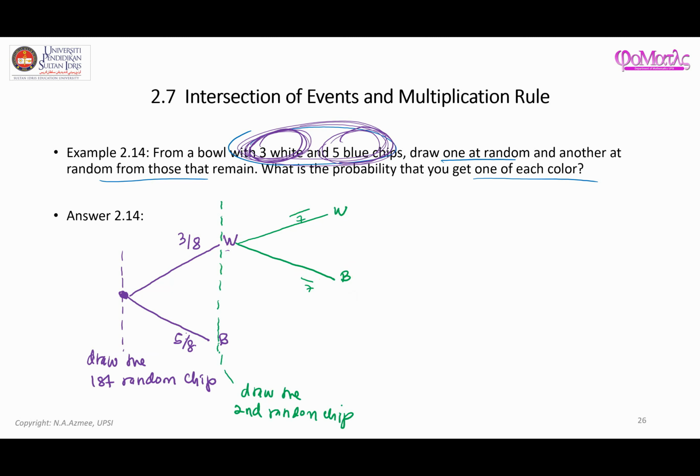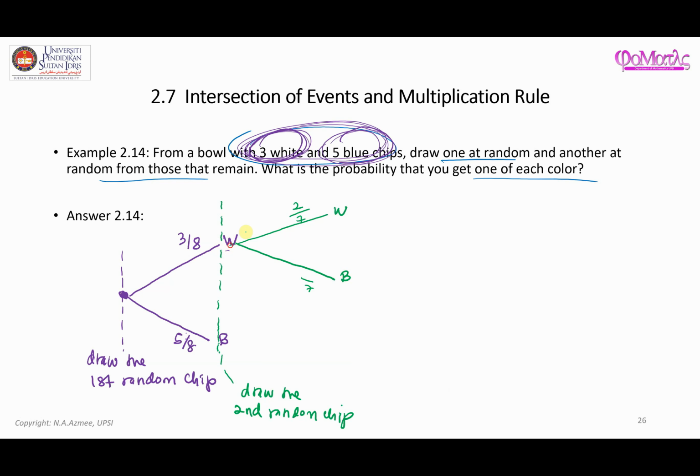So for example, in this case, you have come to this junction where you have taken 1 white chip. So 1 is already taken. That means you are left with 2 white chips. So the probability of getting white is going to be 2 over 7. And for this one, since you come from this junction, you have already taken a white chip.